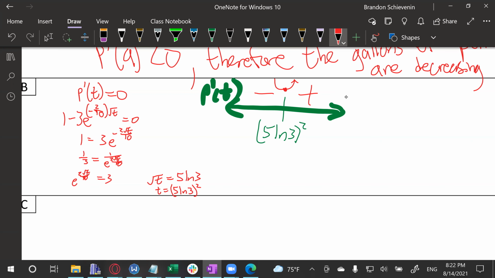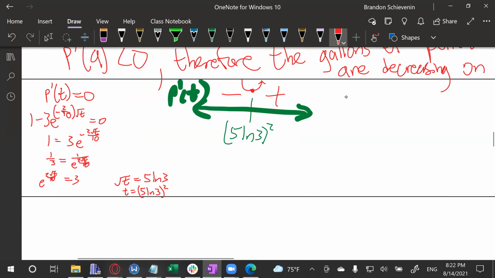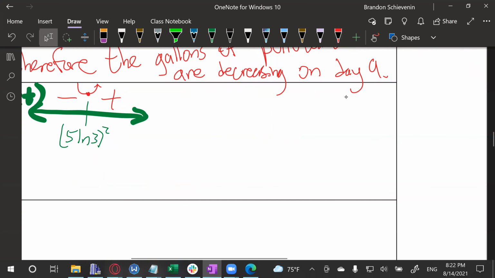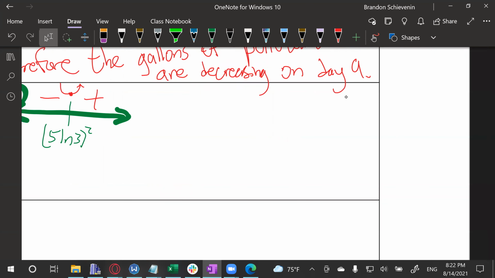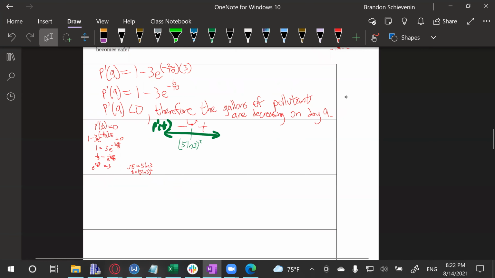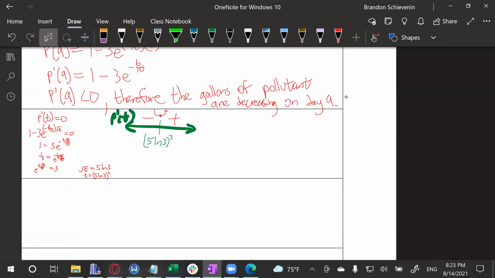Okay, so I can say something like this. Zoom out so you guys can see what we're writing about too. P prime t is negative on 0 to 5 ln 3 squared.